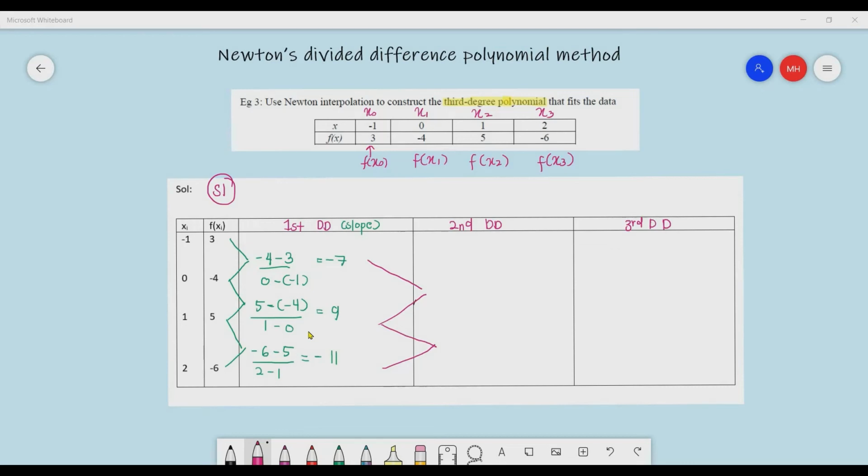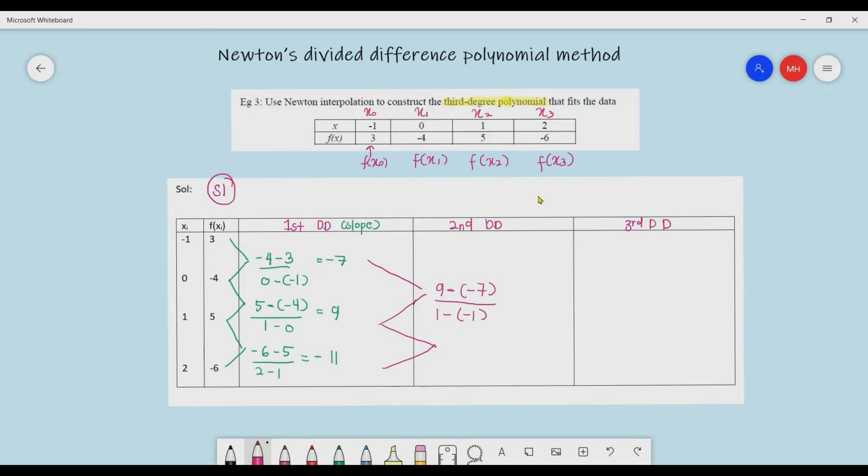So start with these two here, 9 minus negative 7, and then over the change in x. The last value of x, if you follow this arrow, will be 1, minus the initial value of x, you follow this arrow, negative 1 minus negative 1.